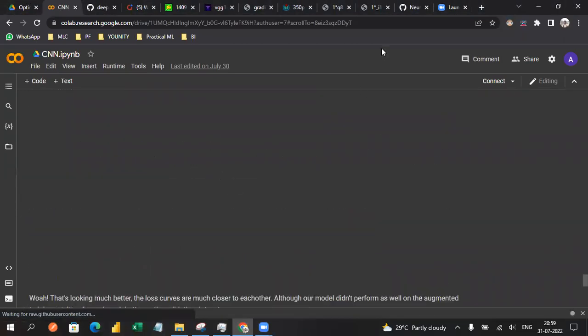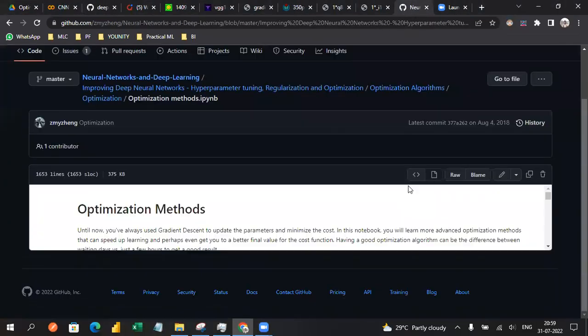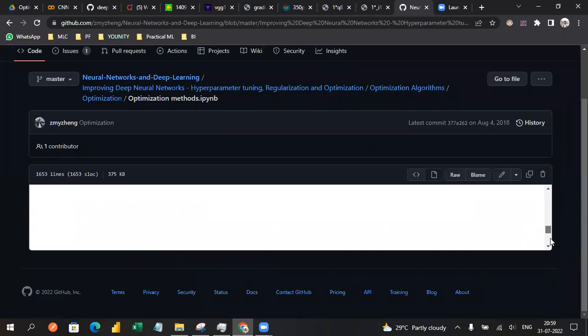So what will happen eventually if you go down to this notebook, you can see here the optimization methods: gradient descent with momentum and Adam. You can see the accuracy score of gradient descent is 79%, and momentum has the same with some oscillations. And what will happen if I use the Adam optimizer, with whatever we learned as first order and also second order, to somehow smooth the curve?